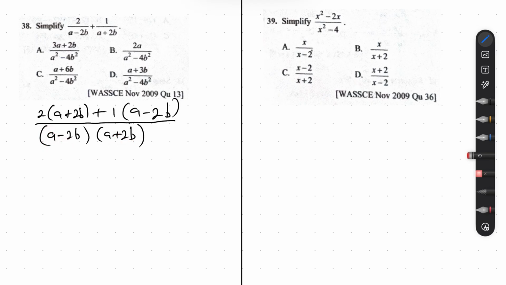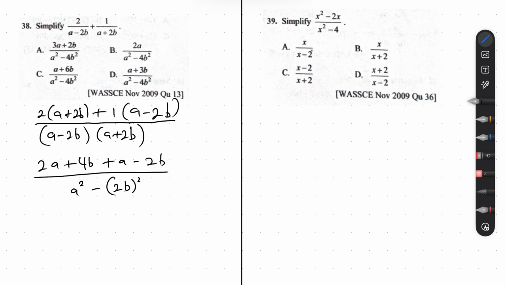So we have a squared minus 2b squared. So this is a difference of 2 squares. That's expanded right here. Okay, cool. So we're going to have 2a plus 4b plus a minus 2b all over a squared minus 2b squared.